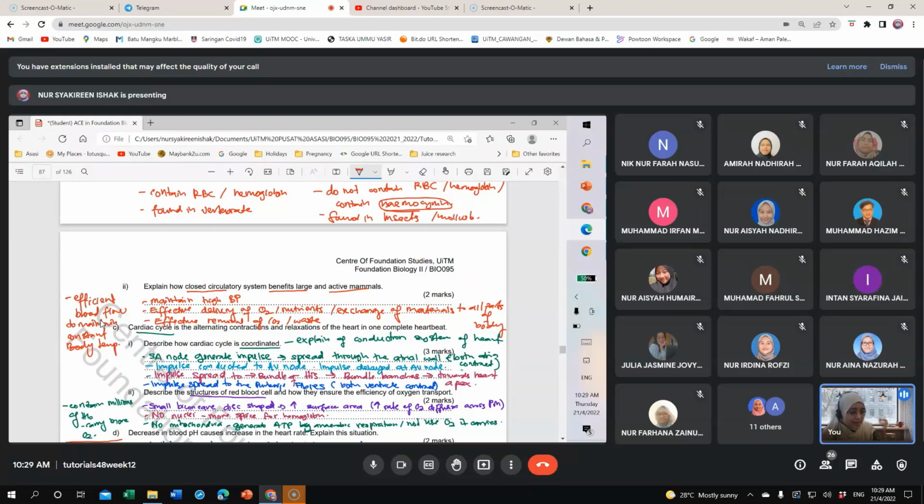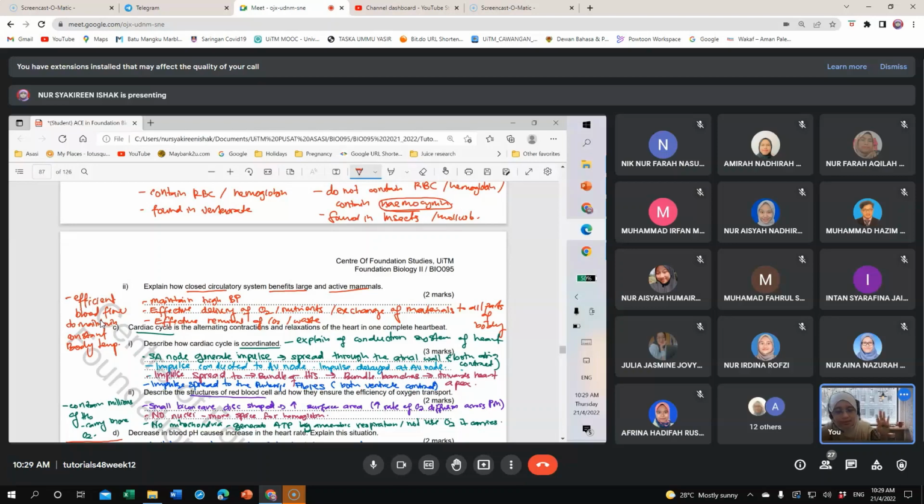Earlier we saw that the left ventricle pumps the blood into the whole body, into the systemic circuit. So it needs a very high pressure to pump the blood throughout the body, to maintain high blood pressure. This is to ensure effective delivery of oxygen, nutrients, and exchange of materials throughout the body, and also effective removal of waste carbon dioxide into the pulmonary circuit.